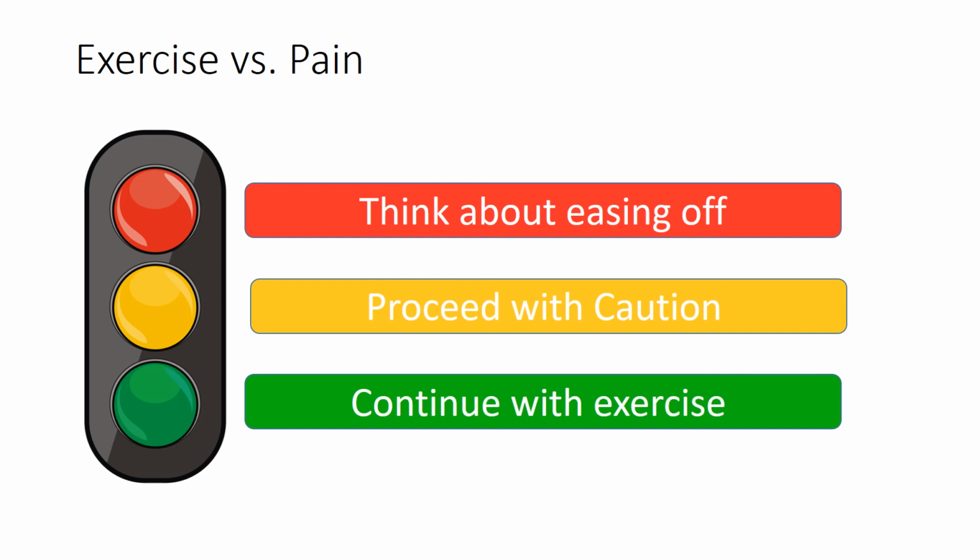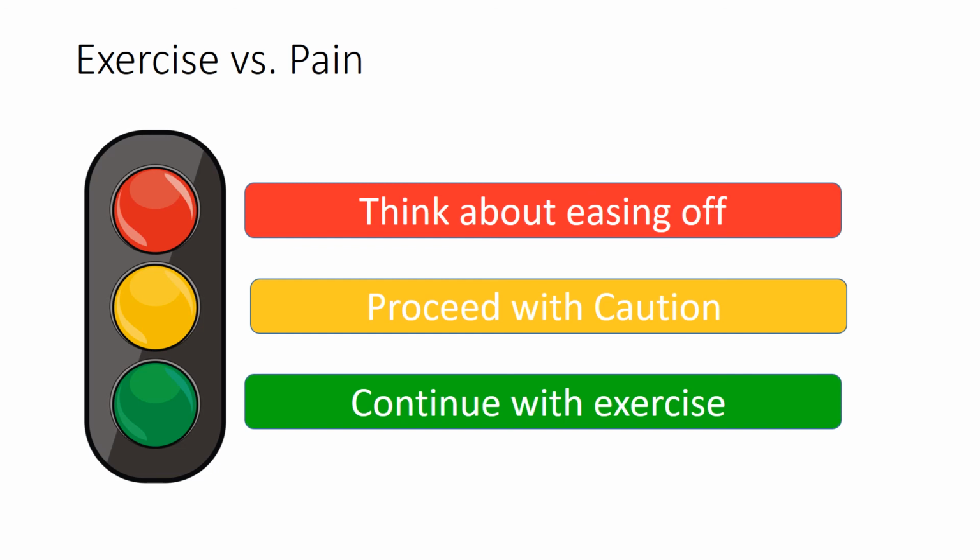If your symptoms are between a 5 and a 6 out of 10 on the scale, then you are in the orange zone. So proceed with caution and listen to your body, and if you feel that pain goes up to a 7 out of 10 or higher, then consider stopping or easing off.